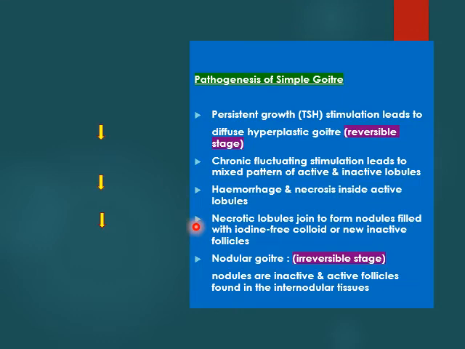These necrotic nodules join together to form nodules filled with iodine-free colloid or new inactive follicles, which finally become multinodular goiter, an irreversible stage. In this stage, the nodules are inactive, and active follicles are found in the internodular tissues.